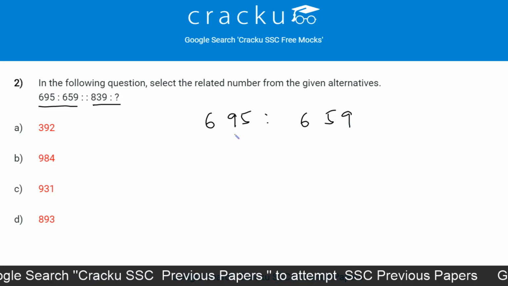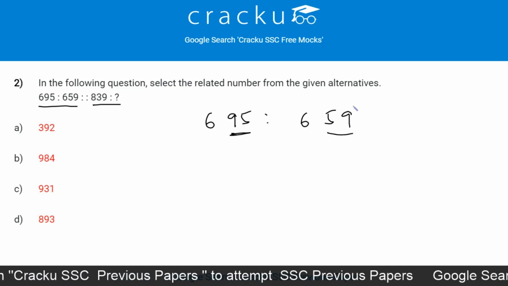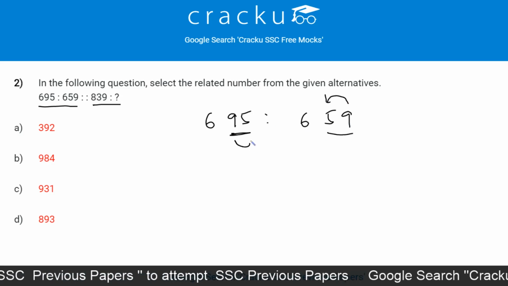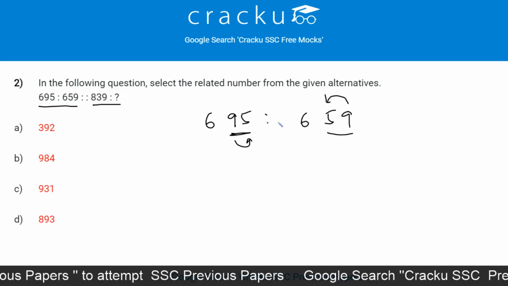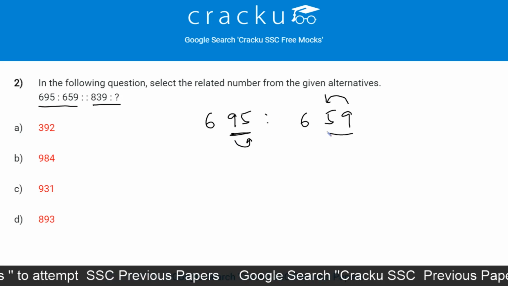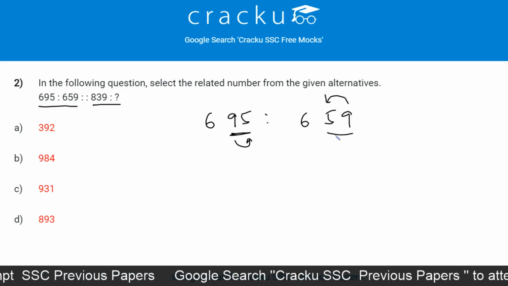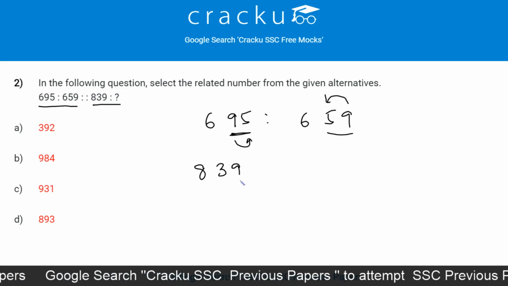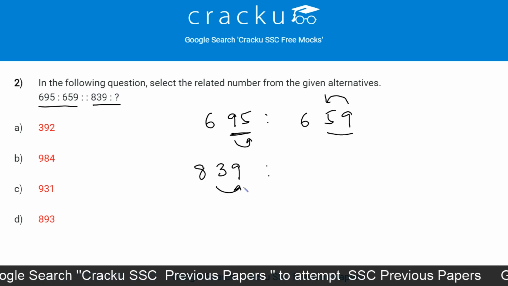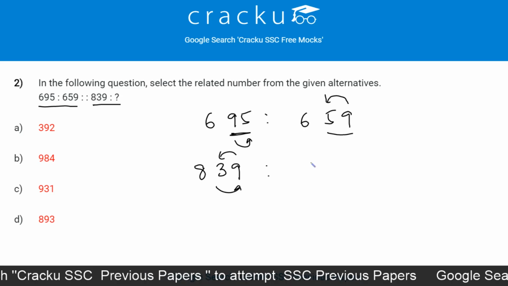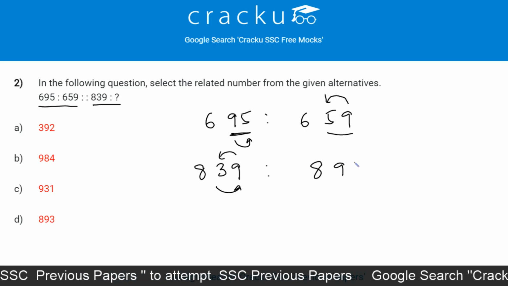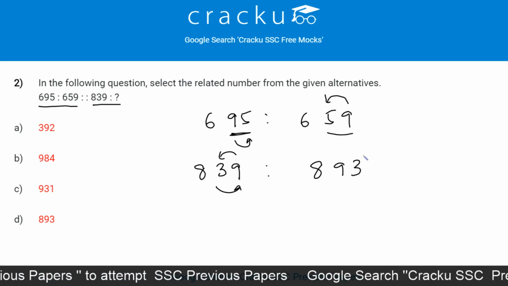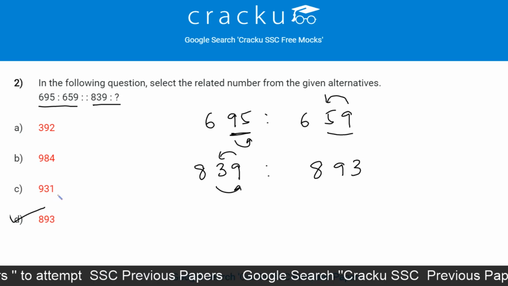If you see, these two numbers are interchanged. So on interchanging, we got 659. Similarly, in 839, if we interchange 3 and 9, we are going to get the desired answer. So the answer for this question is option D, that is 893.